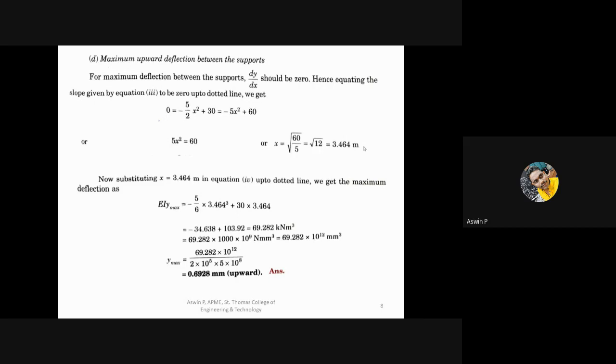So 3 is absent, right? 5 is absent. 6, 7, 8 absent, right? 9, 10, 11, 12, 13, 14.